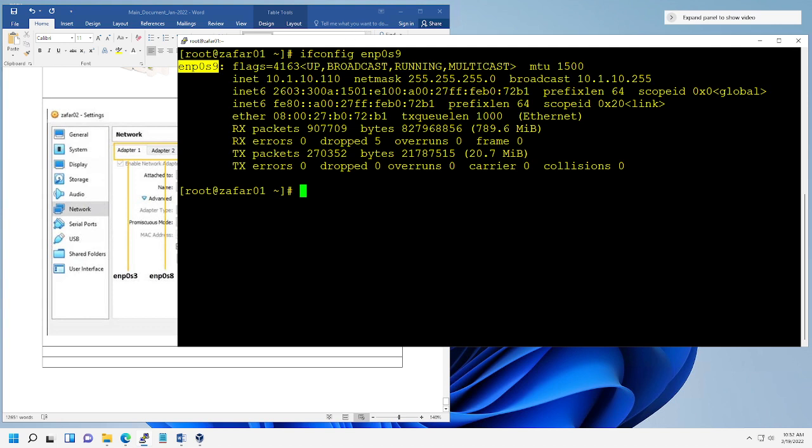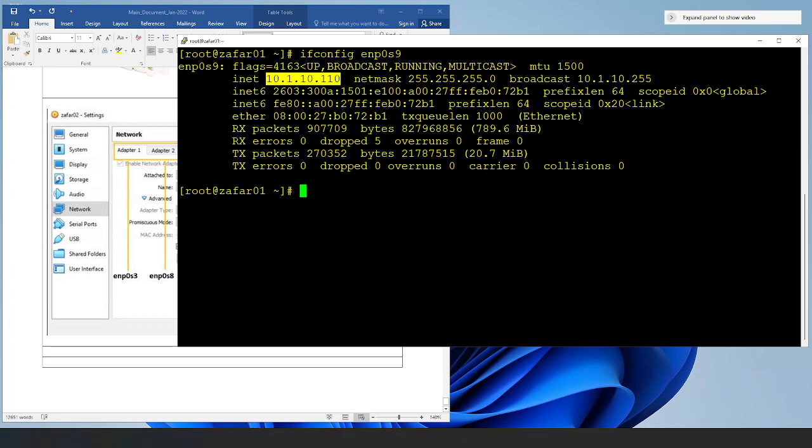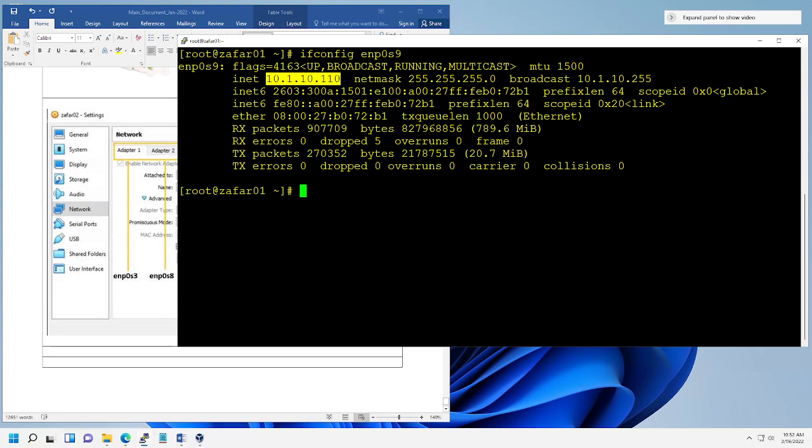And inet is the IP address. Okay, so this is the IP address I connect from the other system to get inside this system. Okay, and another piece of information you need is the network mask, 255.255.255.0. This will always remain the same no matter what.